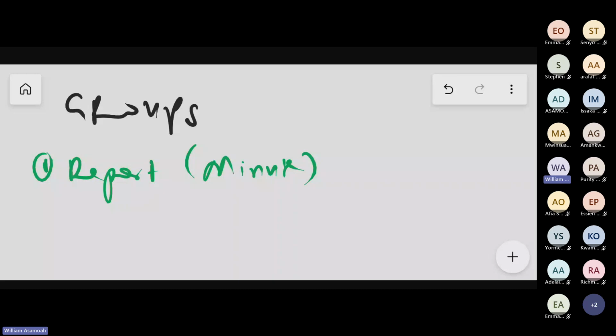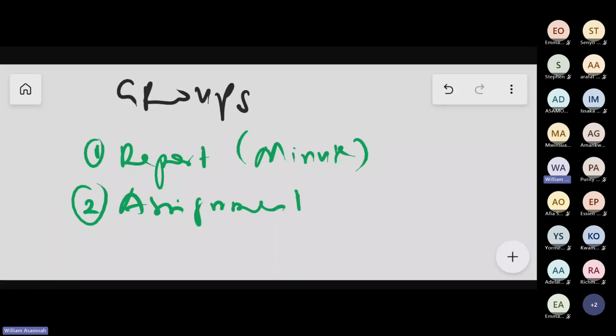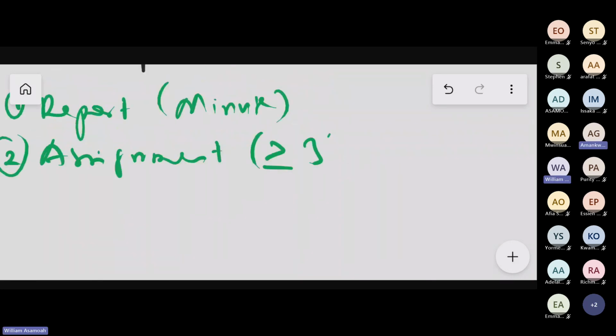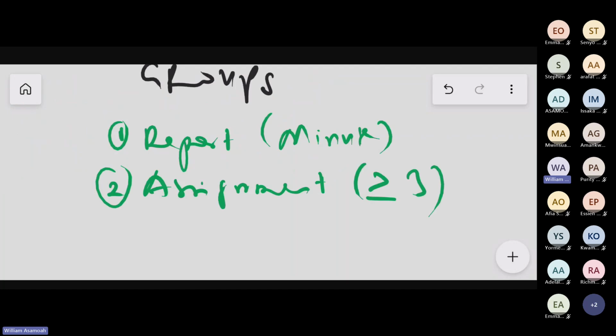So the 2 things that I want from you are your meeting reports, then your assignments, which is at least 3, greater than or equal to 3 questions at the end of each chapter.